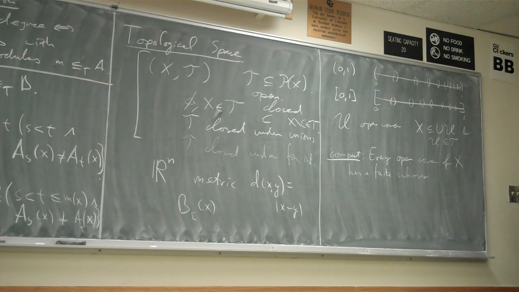Right? No matter how creative you are about generating a sequence of open sets that cover this closed interval, you will not succeed at writing one which does not have a finite subcollection that also covers the whole space.